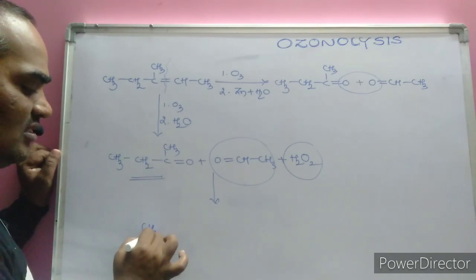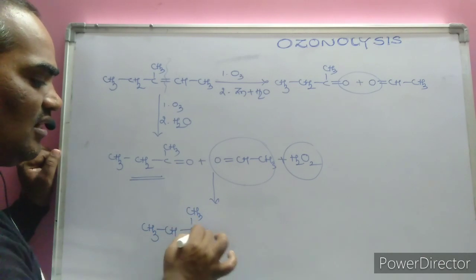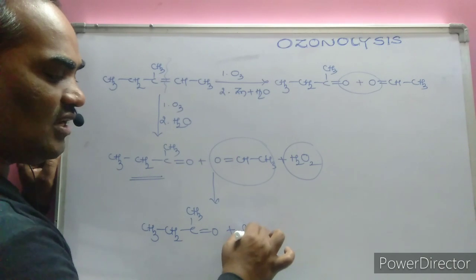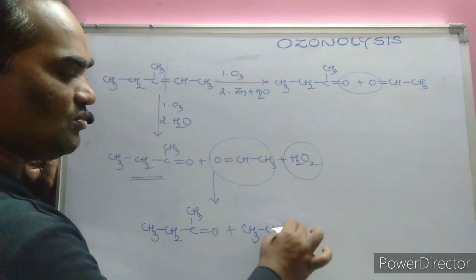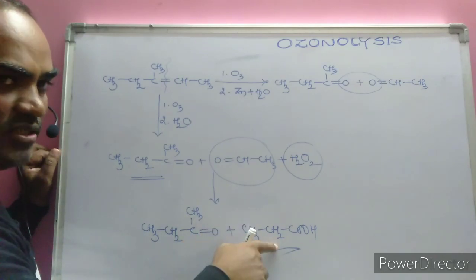Hence the 2-butanone remains as it is, CH3CH2C(=O)CH3, whereas the 2-carbon carboxylic acid, CH3COOH, forms, so the products are a ketone and a carboxylic acid.